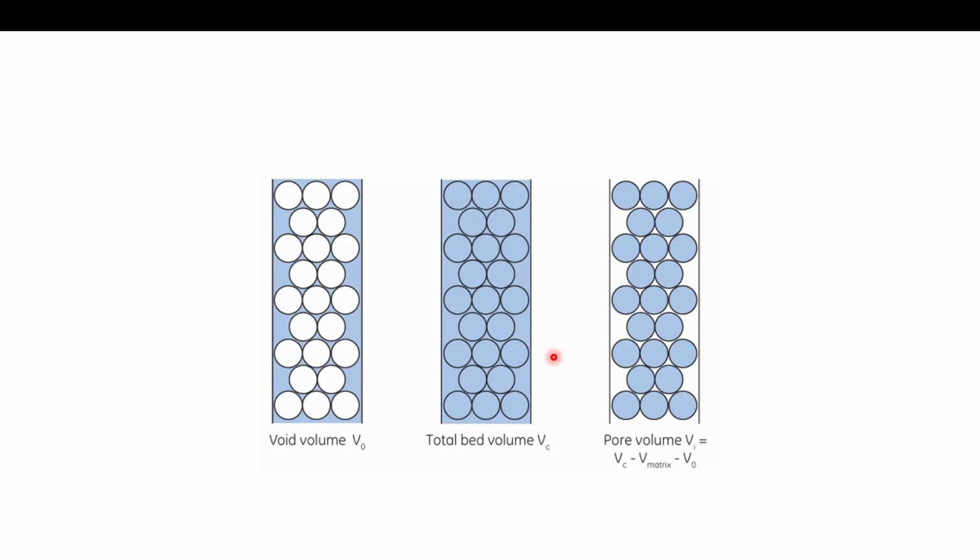If we remove that particular matrix volume that is being occupied in the whole resin, then the available volume of space inside the pores will be given by this whole expression. Or simply, in general, it is written as VC minus V naught, the total bed volume or total column volume subtracted by the void volume.